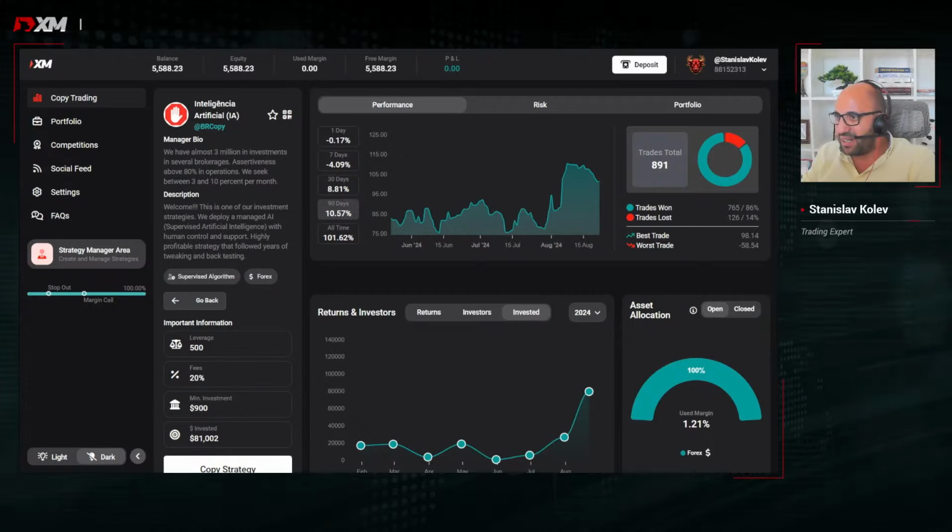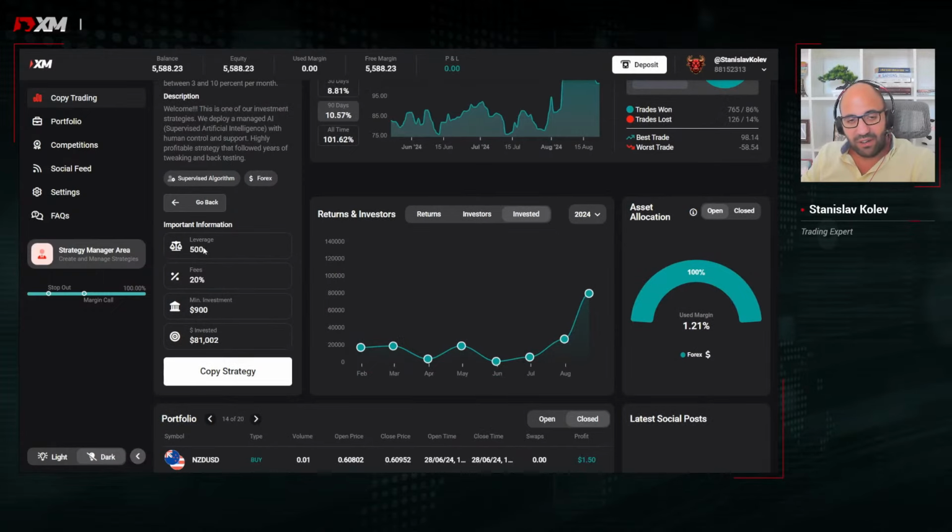So I am a little bit skeptical that this is any different from software. There is nothing wrong with this, right? There is nothing wrong. Also, we've got leverage 1 to 500.